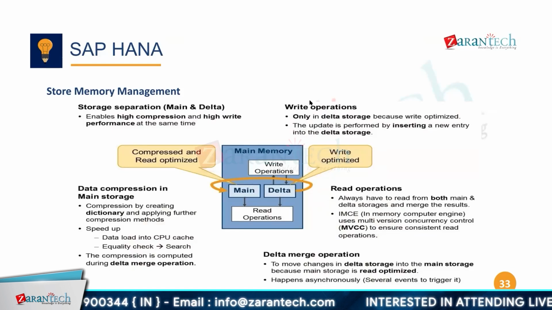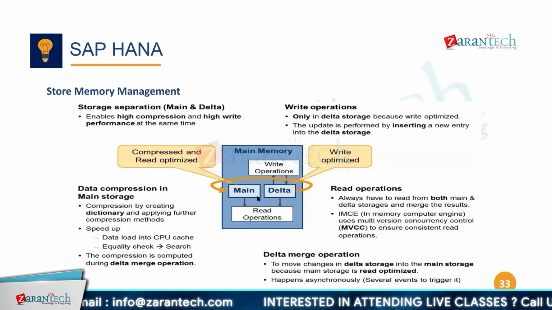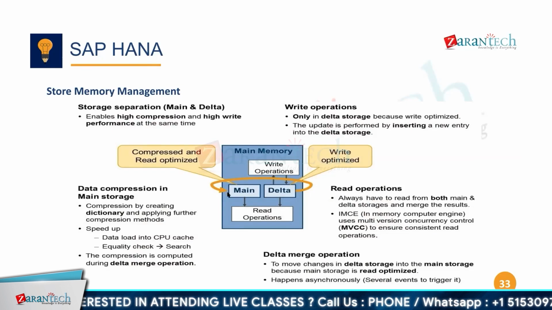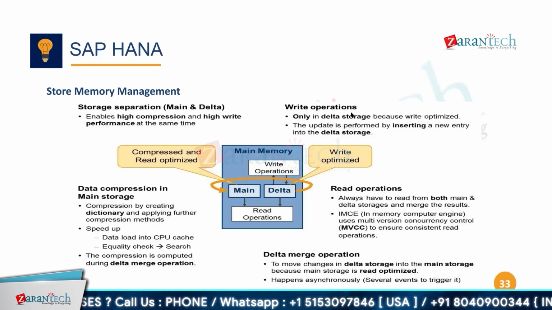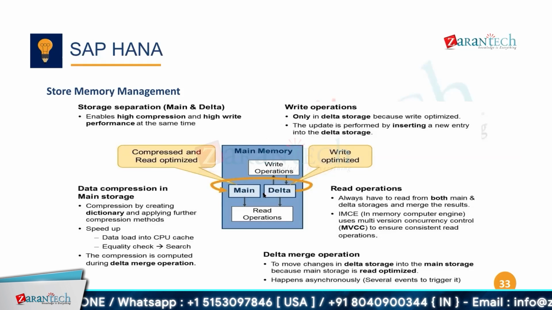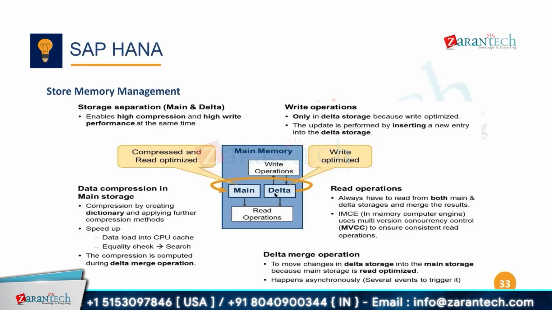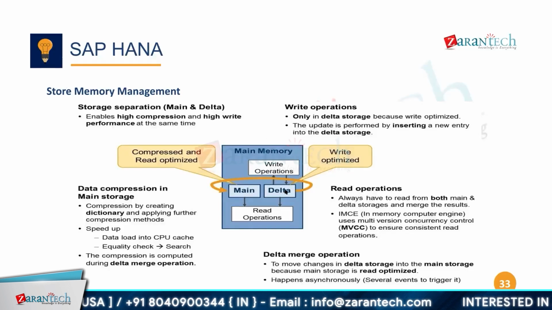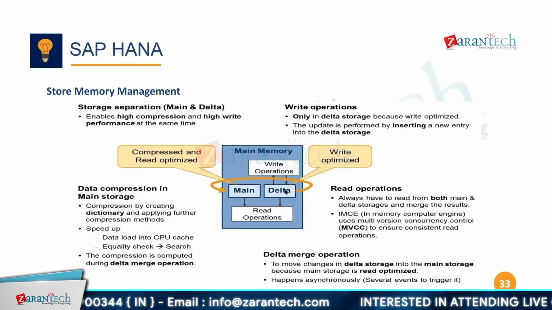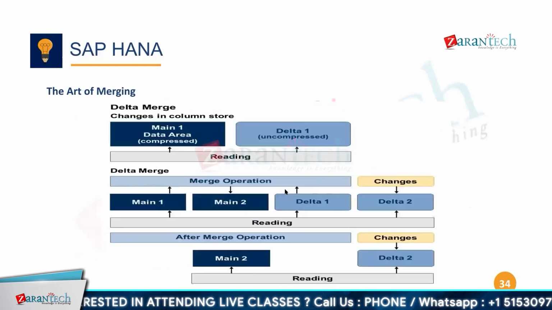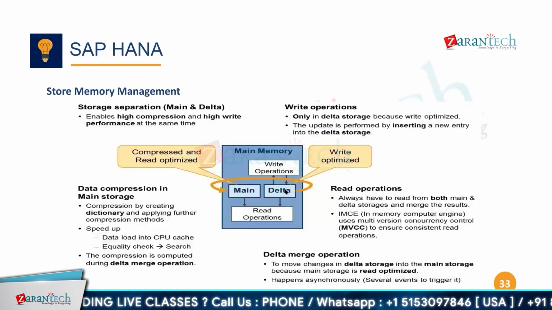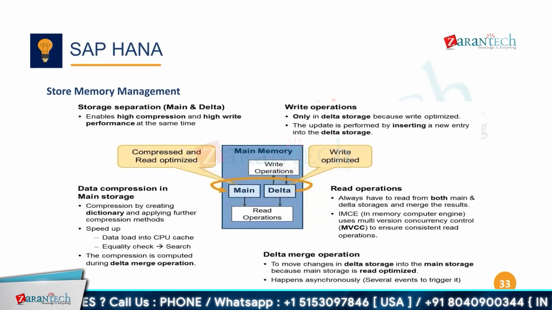So it will keep 2 copies of this. That is the paging concept I've explained, right? It always has this. Once that is written to the data disk, these new files, main 2 and delta 2, the new state, will be read. That is how it writes from memory to the database. Anyway, these things are not visible to us in the system, but just try to understand that this is how it does the writing to the database.